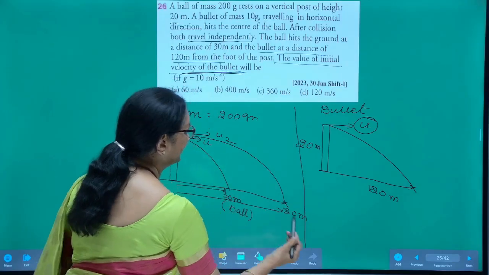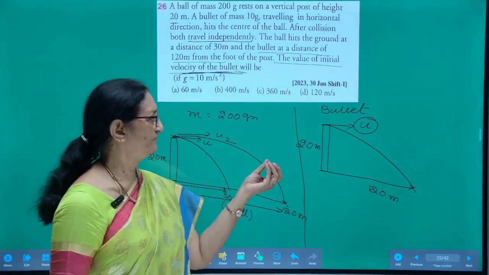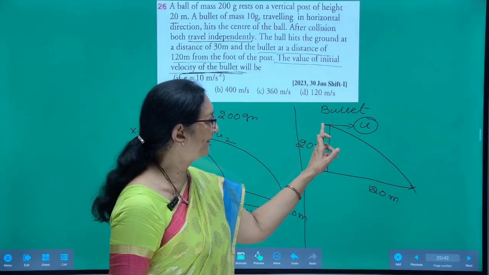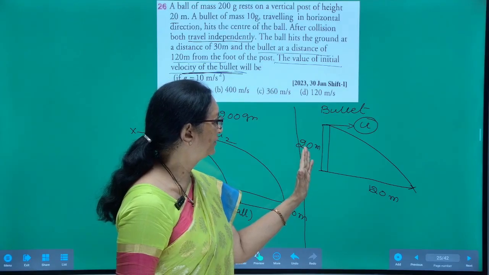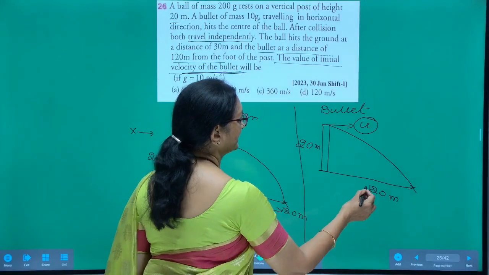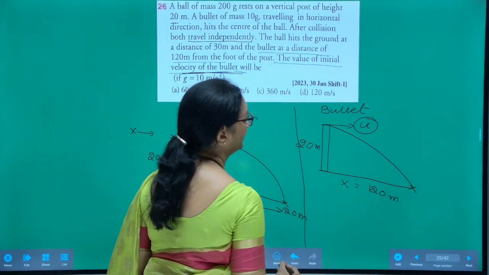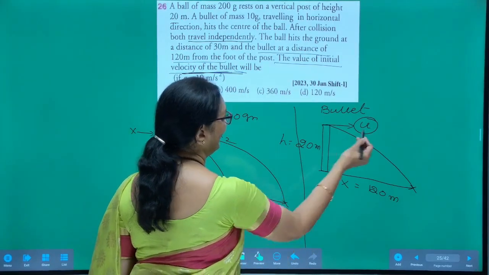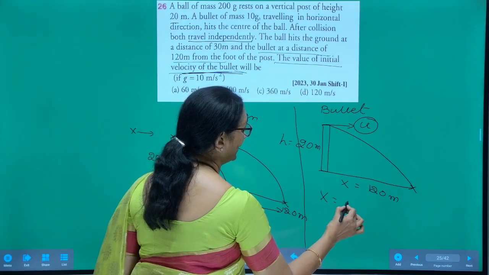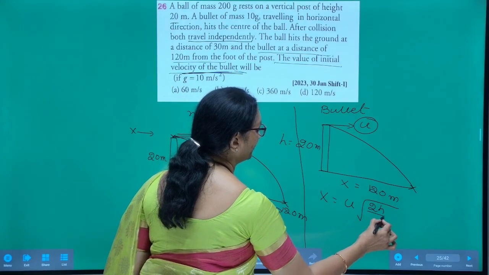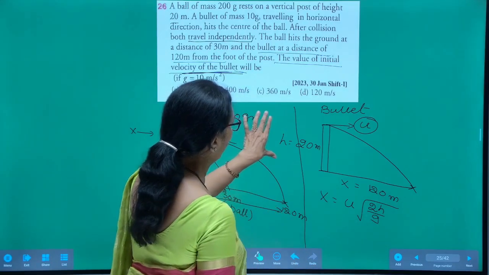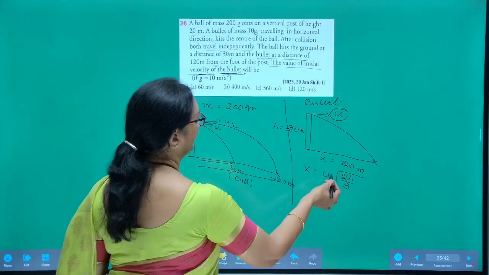If you forget the rest of the problem, just a bullet is fired horizontally from the top of a tower of height 20 meters, and this is the horizontal distance at which it strikes. What is the relation? X is equal to u into t, that is square root of 2h by g, from which what will be the velocity?